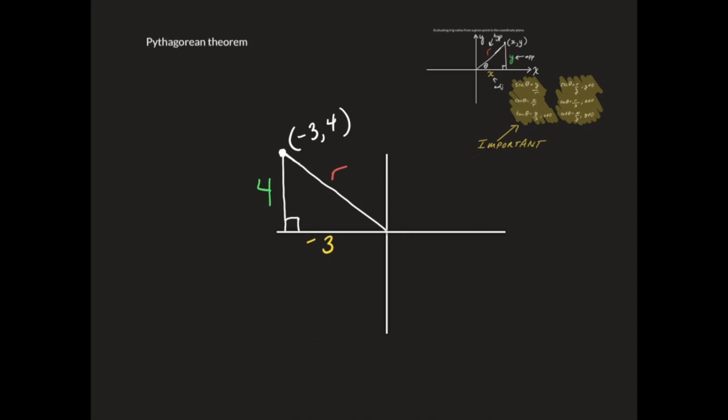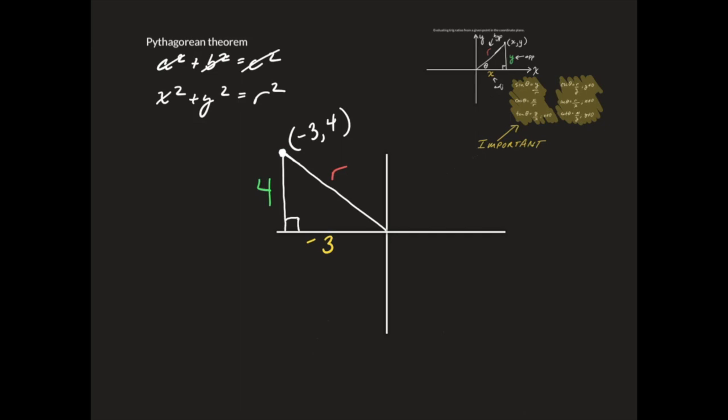The Pythagorean theorem is a squared plus b squared equals c squared. But since I'm using the coordinate plane, I'm not using a, b, and c. What I'm using is x squared plus y squared equals r squared. It's the same theorem, just with different variables.